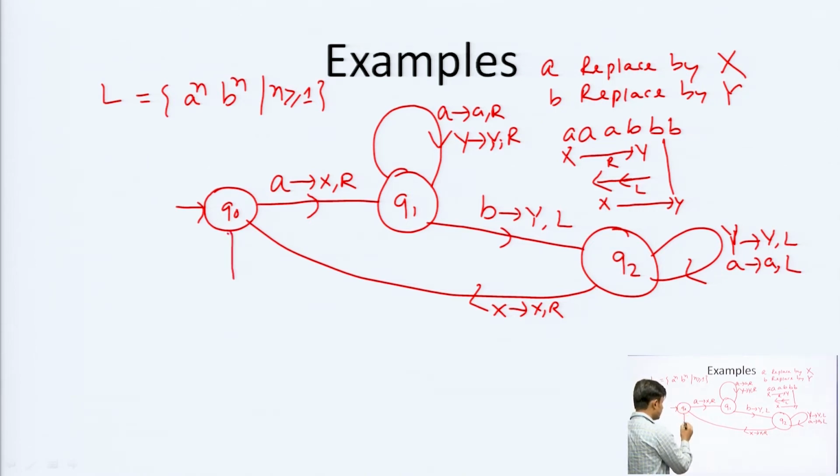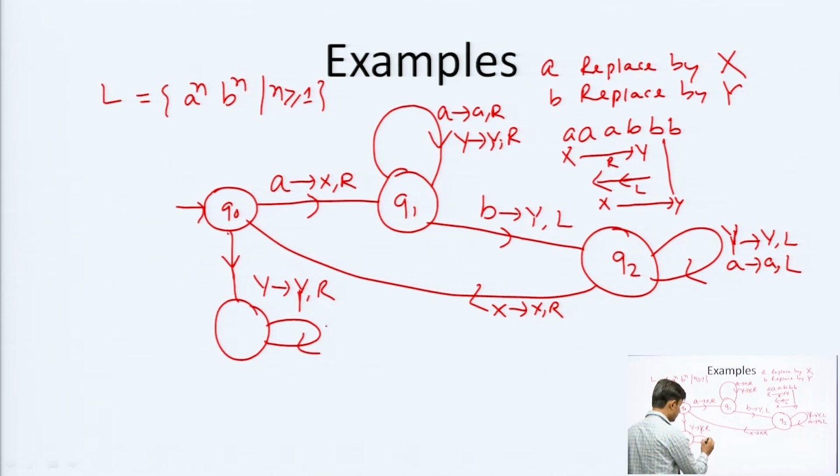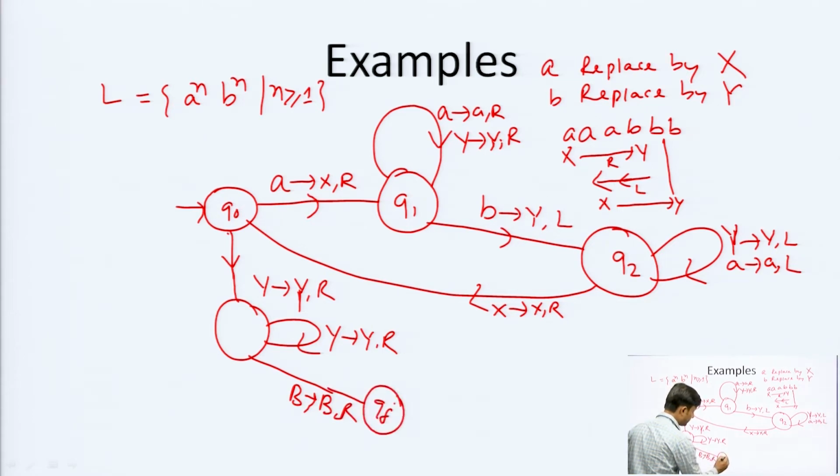In the final state, here you will find all X. After A is not there, you will find Y, then Y R. Here you have to make a loop, if many Y will be there, Y R, then this is blank, blank R, then this is Q F, the accepted state, and you can say this is Q3.